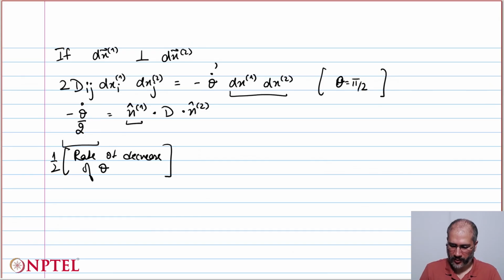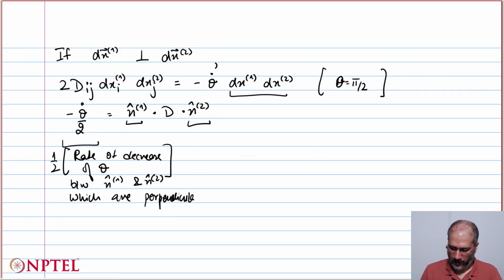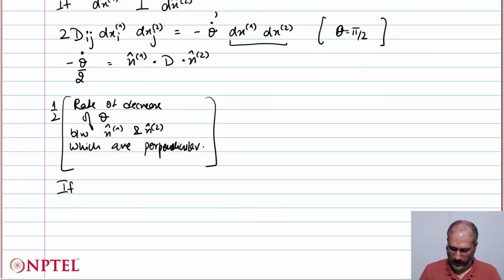And since we have vectors n1 and n2, that's basically the rate of decrease in the angle between the perpendicular vectors n1 and n2. So this is the rate of decrease of theta between n1 and n2, which are actually perpendicular. So with this idea, my n1 is e1 and n2 is e2.